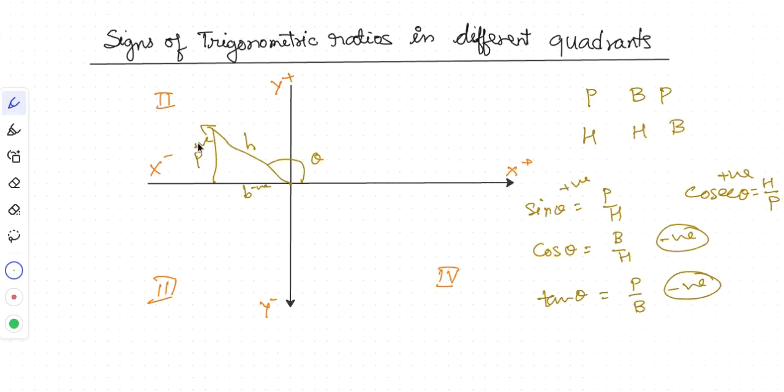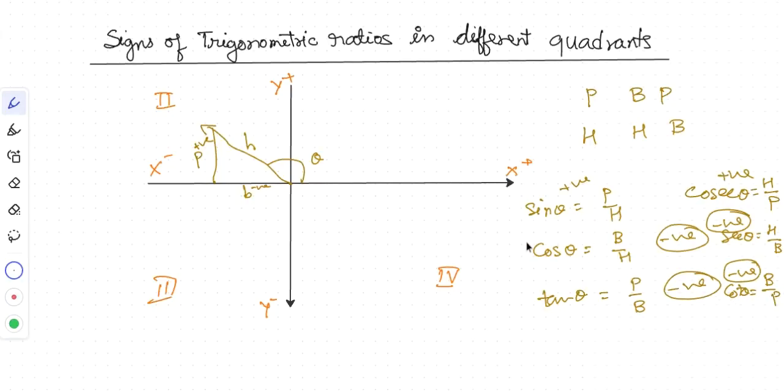Now when we talk about cos theta, the reciprocal of cos theta, which is sec theta, which is h over b, this is also negative because b is negative. And cot theta again is negative because cot theta is base upon perpendicular, and base is negative, so cot theta is negative.